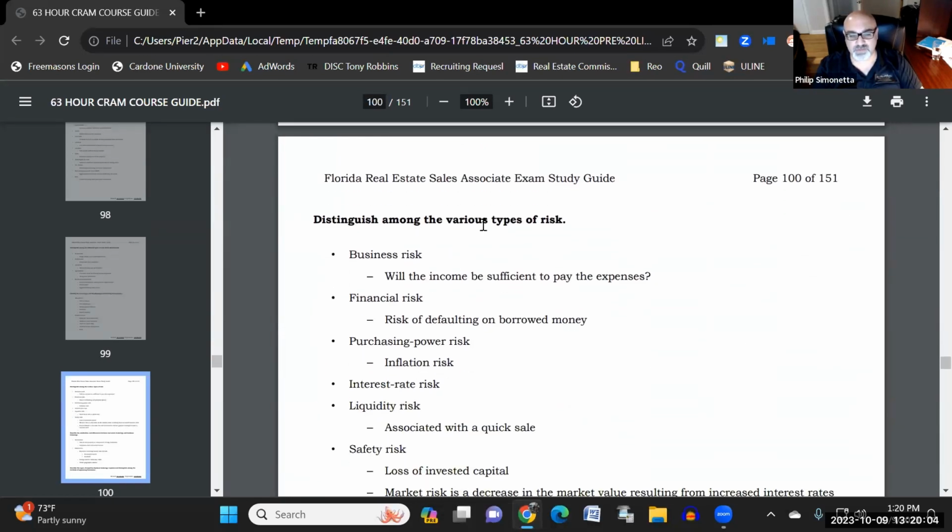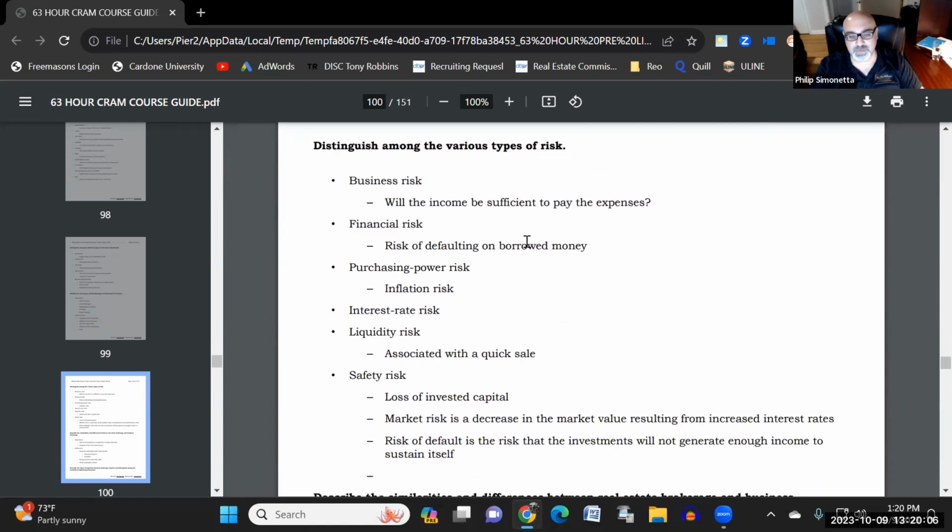Let's distinguish among the various types of risk. So business risk. The question is, will the income be sufficient to pay the expenses? Financial risk. Risk of defaulting on borrowed money. Purchasing power. Inflation risk. That's what you're running into right now, right? Prices, inflation, it's affecting the market. Defaulting on borrowed money. You have people that can't refinance because the payments are going up so much they can't qualify, right, for these commercial buildings.